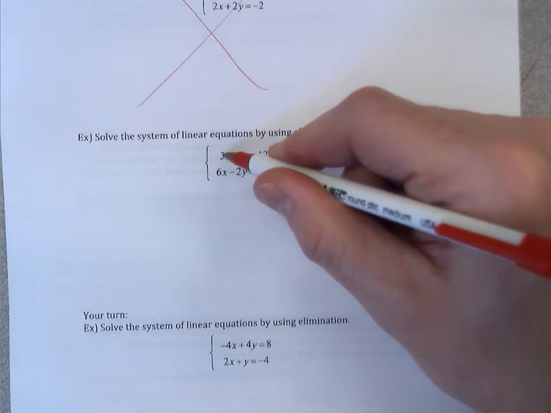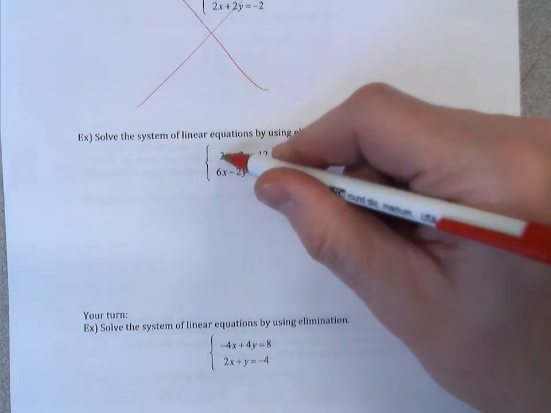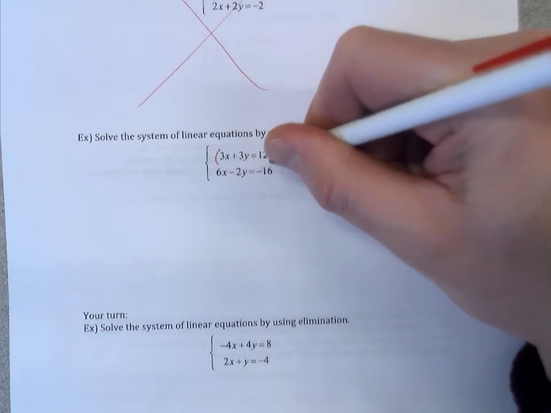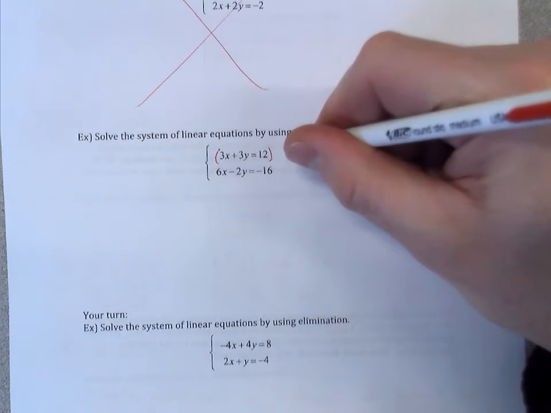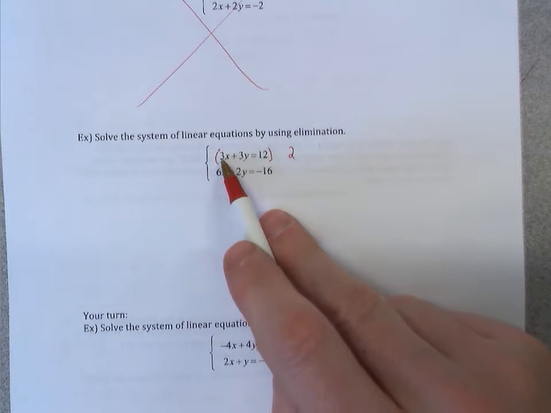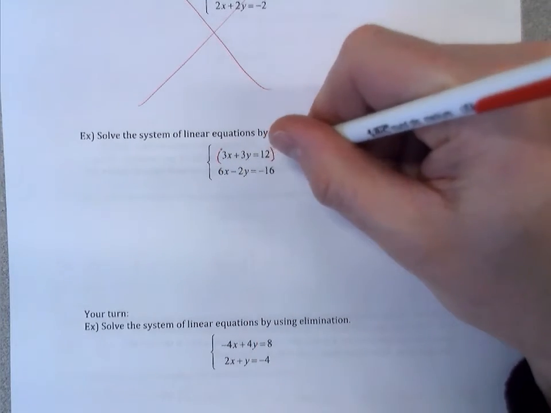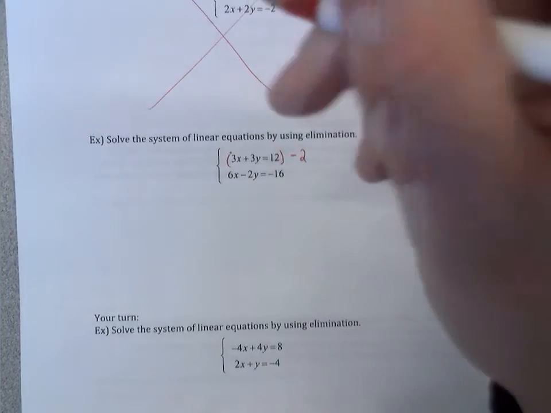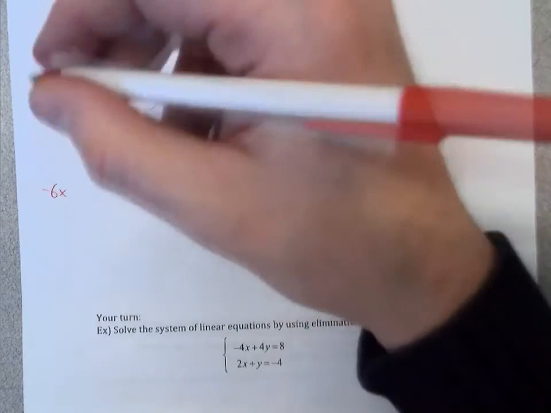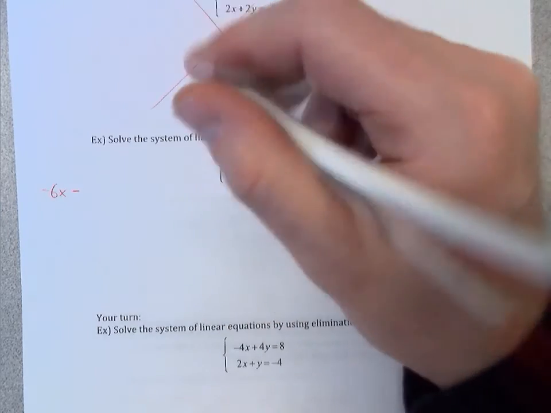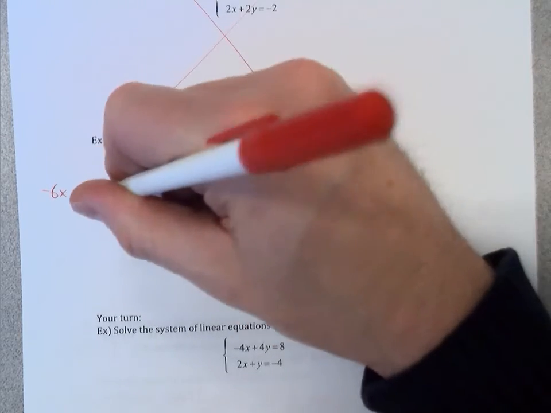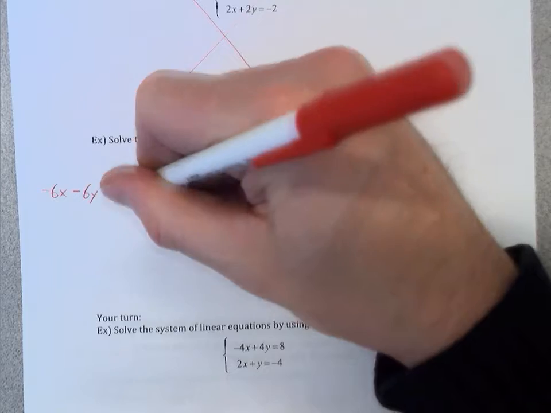So this is 3x, this is 6x. If I want to have these have the same coefficient, I could multiply this entire thing by 2, but I want this to be negative so that these will cancel out. So I'm going to multiply by negative 2. And now by doing that, I'm going to get negative 6x minus 6y is equal to negative 24.